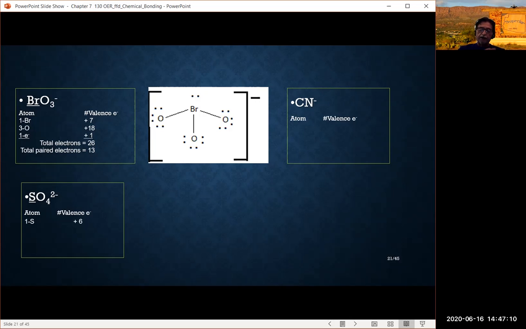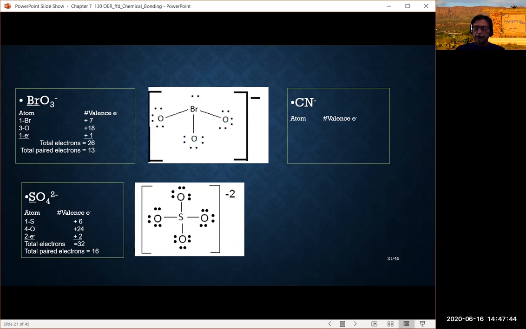Now, sulfate, the bottom left corner, is sulfate. Sulfur has 6 valence electrons due to its position in the periodic table. There's 4 oxygens. It's a total of 24 valence electrons. It's got a -2 charge. So we're going to add 2 electrons. Okay. It gives us a total of 32 electrons or 16 pair. Sulfur is a central atom, so we can quickly put sulfur in the middle and then quickly bond 4 oxygens around it, and then add the rest of the valence electrons, and that is the structure that you come up with.